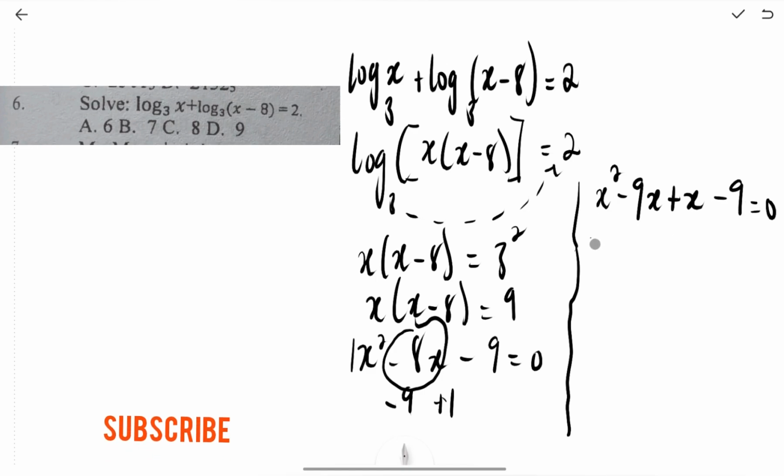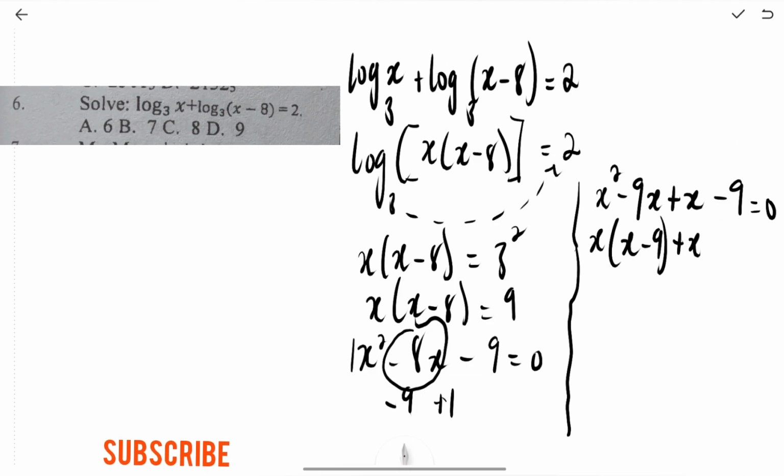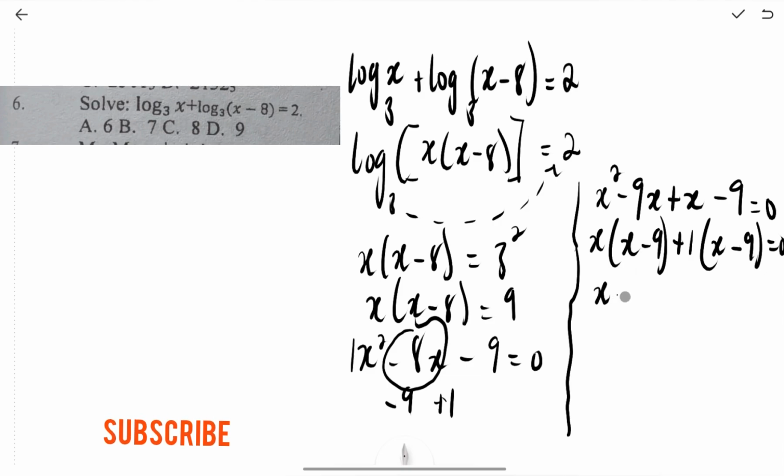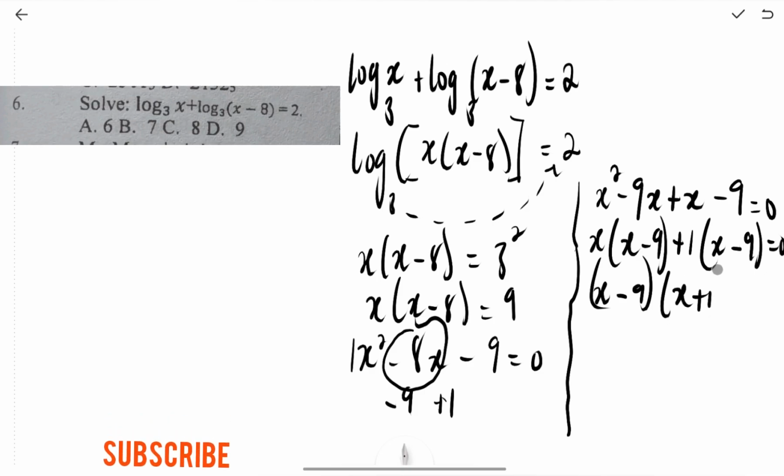Now we can factorize: x minus 9, then we have a plus. Here we bring out 1. x is not common, but 1 is always common. So x minus 9 again equals 0. Then we have minus 9, we factorize minus 9, and what is left is x plus 1. x plus 1 equals 0.